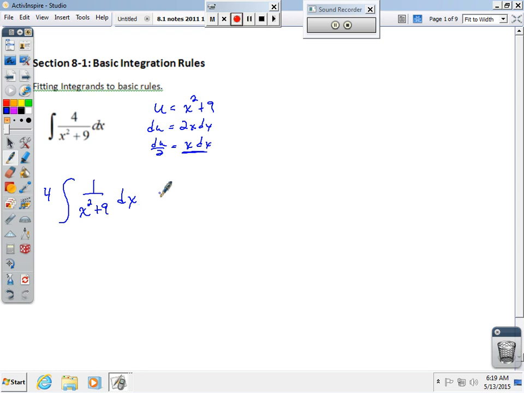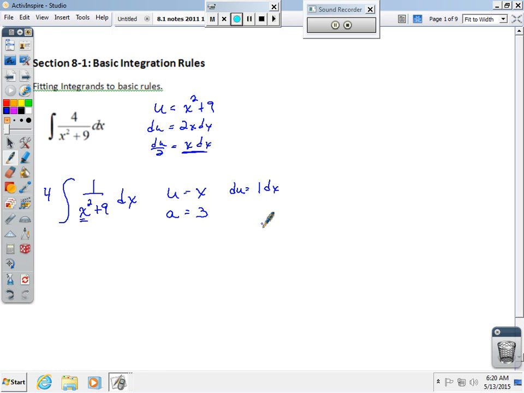For this one, if you remember when we do integrals of trig, we're going to let u equal the square root of x squared, which is x. a is going to be equal to 3, and then when we do du, I get 1 dx, and that's going to match the numerator.